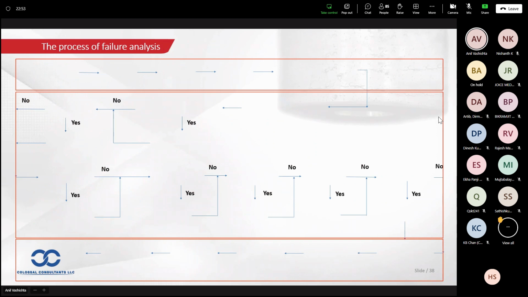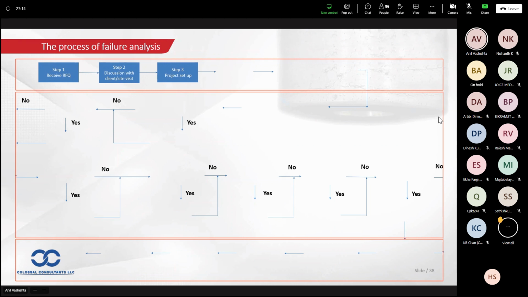We will go through the process of failure analysis. The first step is to receive the RFQ, or request for quotation. We have a discussion with the client or site. We make a site visit or discuss over the phone.